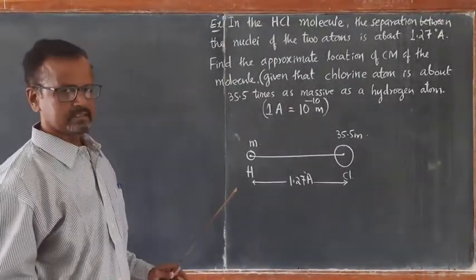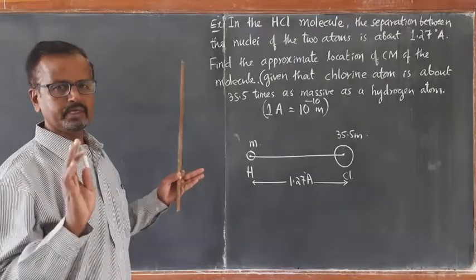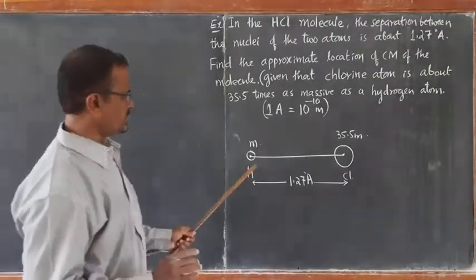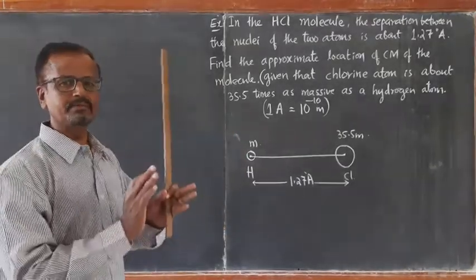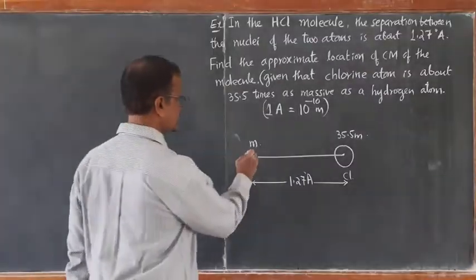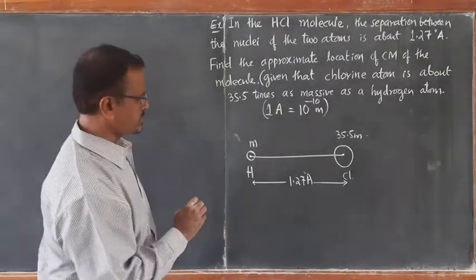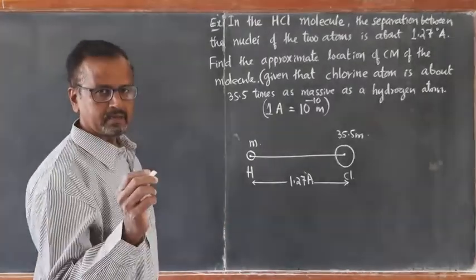For this, the simple thing we need to do is assume that hydrogen is at the origin. Then the problem becomes simple. Let us take the position of the hydrogen atom at the origin.